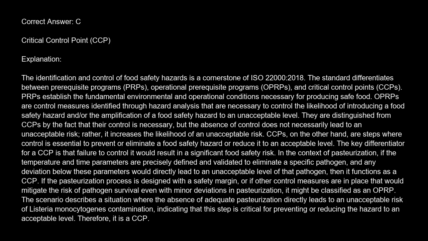The scenario describes a situation where the absence of adequate pasteurization directly leads to an unacceptable risk of Listeria monocytogenes contamination, indicating that this step is critical for preventing or reducing the hazard to an acceptable level. Therefore, it is a CCP.